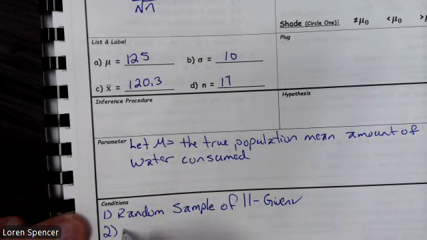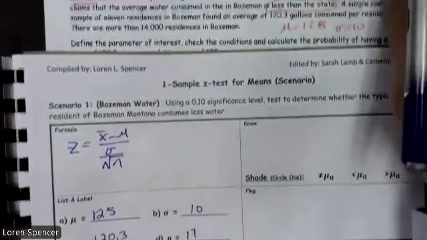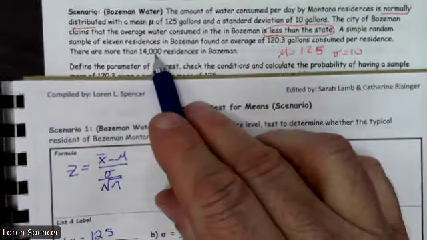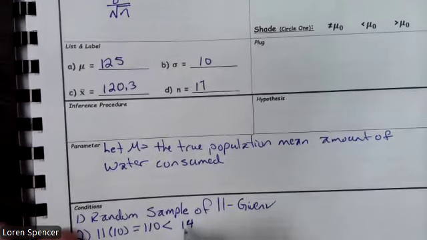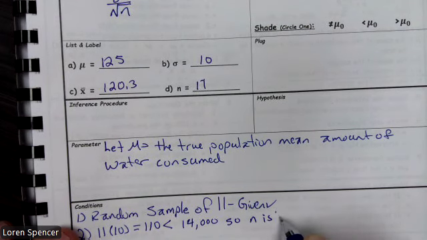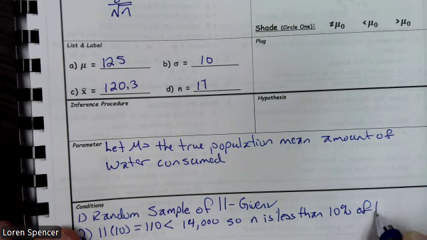Second, we're going to take 11 and multiply it by 10. Remember, we're always multiplying by 10. That equals 110, and that's less than the population size of 14,000. So N is less than 10% of the population.